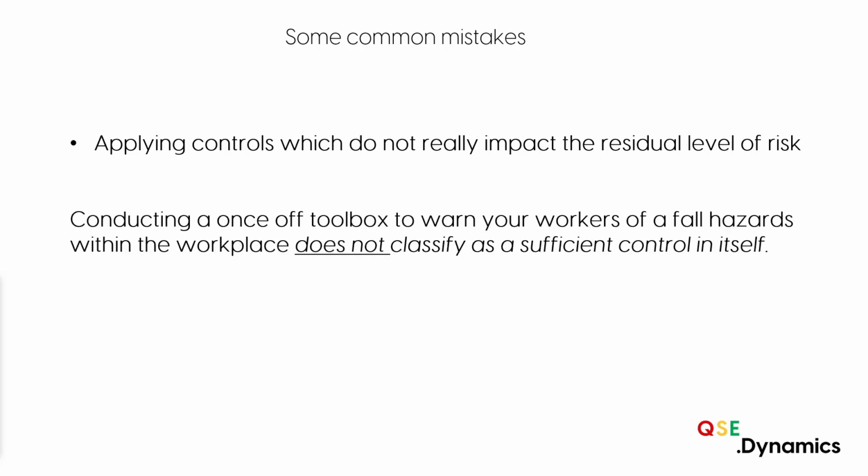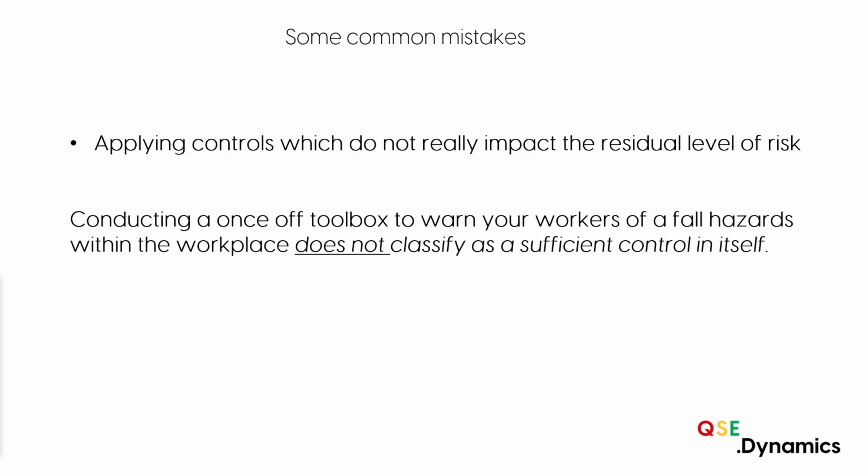So another example is conducting a once-off toolbox. You're warning your workers that there are fall hazards in the workplace. I would say that this does not classify as a sufficient control in itself. The truth of the matter is the hazards are still there. You haven't gone through that proper hierarchy.